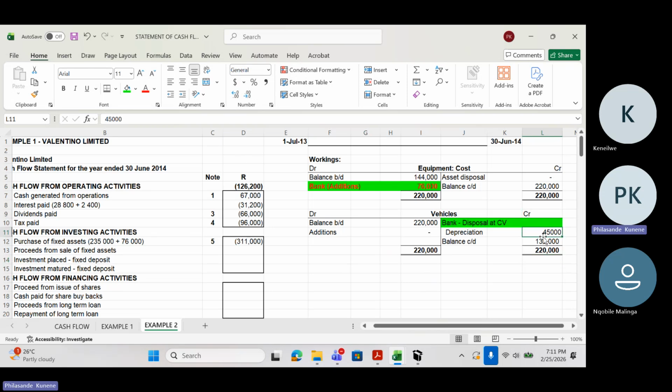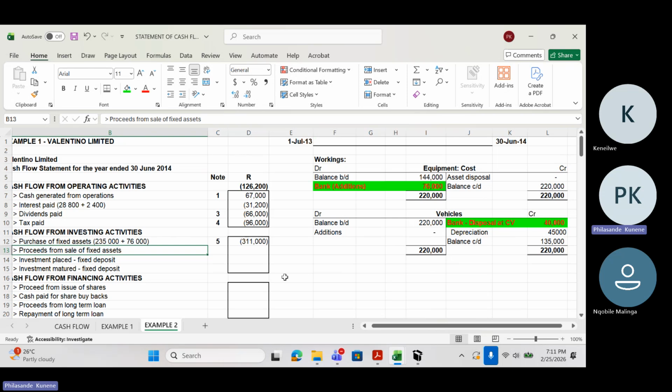And then now I need to check on my credit side, how much will be my disposal. And now you can see that our disposal is 40,000 rands. This is our disposal. So which means now on my proceeds from sale of fixed assets, I'm going to have what? 40,000 rands.